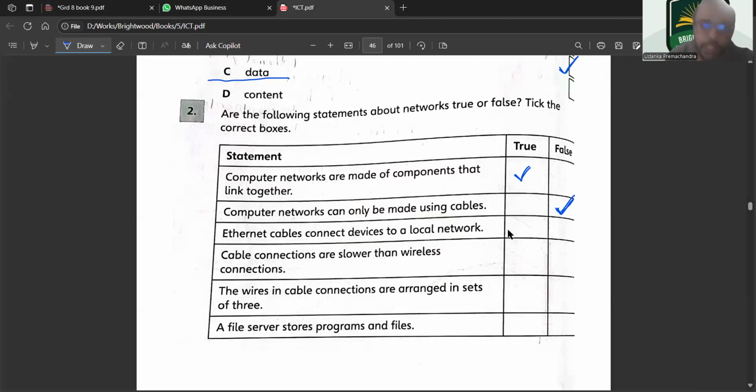So normally in a local network, to connect each and every computer, we use Ethernet cables. That's right. Ethernet cables connect devices to a local network. Yes, that's right. Okay, continue. Think about the next one.